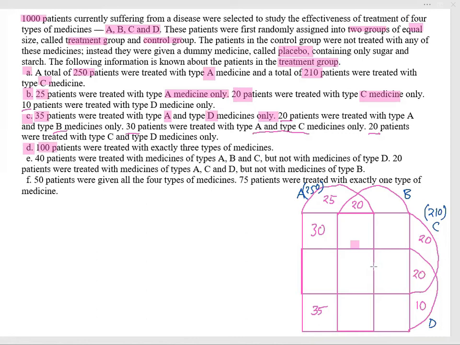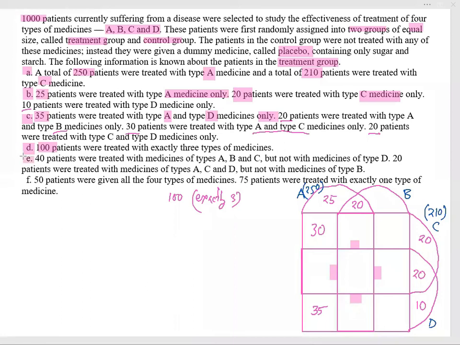So exactly 3 are actually these 4 shaded part that I can say. And 100 patients are treated with exactly 3 types of medicine. Let me go on writing here. 100 for exactly 3. Okay. These 4 segment sum.